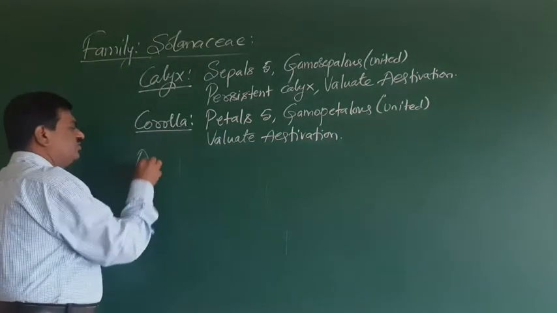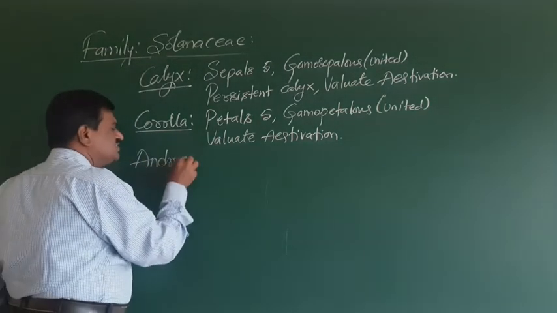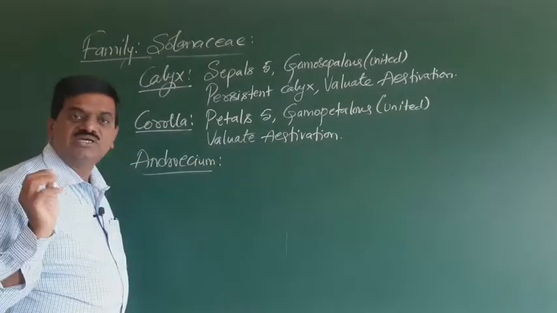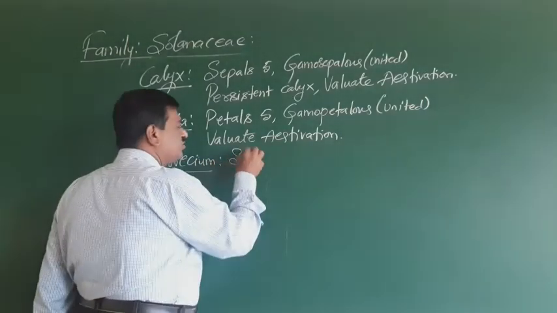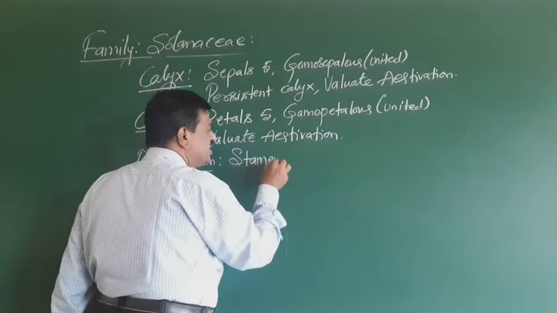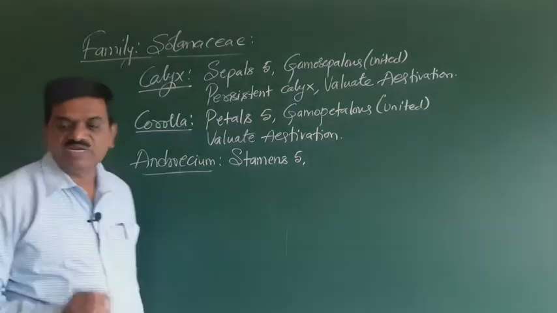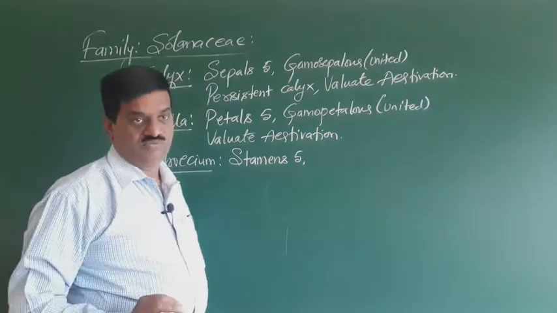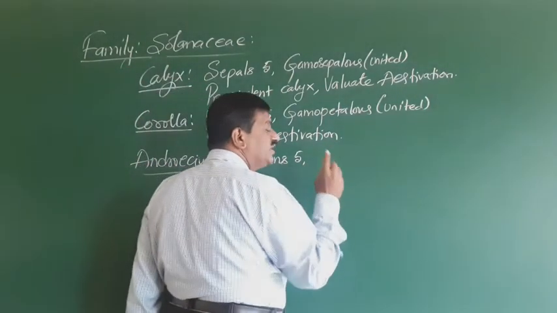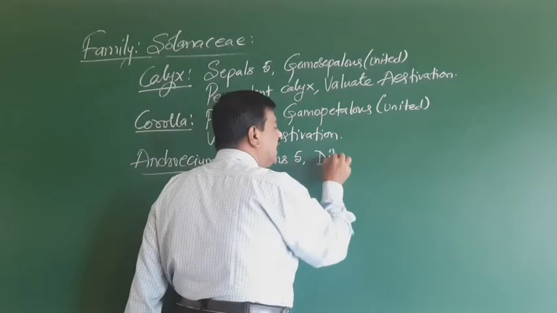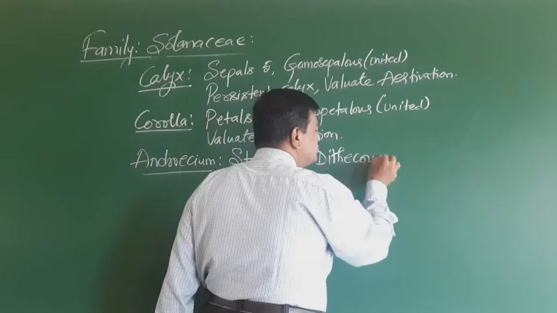Next we go for the other one, called androecium. Androecium is nothing but how many stamens are there. So we write stamens 5. In this family stamens are 5, and each stamen has 2 lobes, so we use the word dithecous anthers.